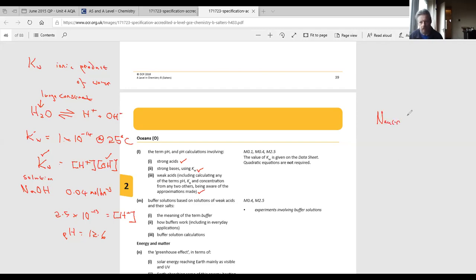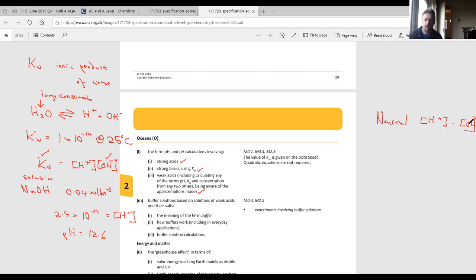And is it not? Well, neutral just means that you've got H plus and OH minus at equal concentrations. Which is what you would get, isn't it, in pure water? That's totally neutral now, isn't it?